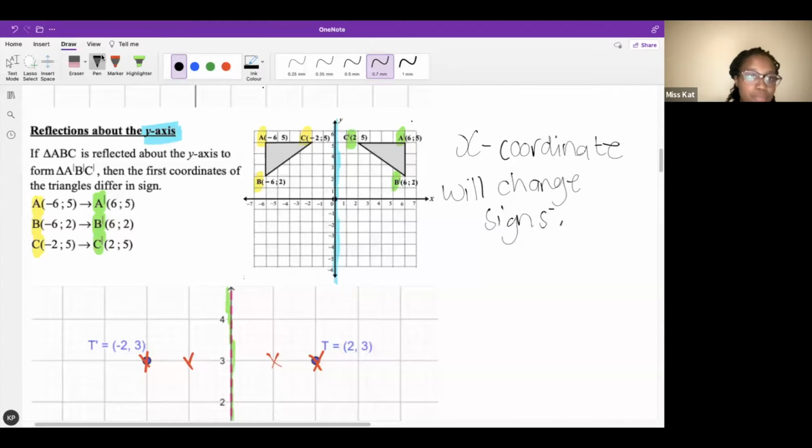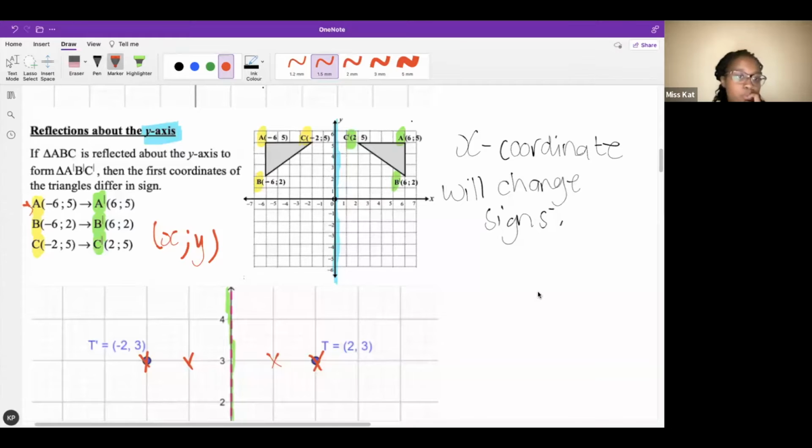So look here. You know coordinates are written in the form XY, right? Yes. So let's look at the point A. The original one was -6 and 5, right? Yeah. But then it's 6 and 5. So which coordinate changed? Is it the X one or the Y one? Remember, it was -6, 5, and now it's 6, 5.